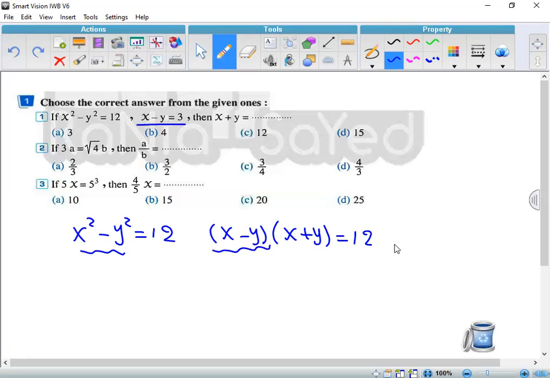Then 3 times x plus y equals 12. Divide by 3 on the two sides, then x plus y equals 4. This is the right answer.